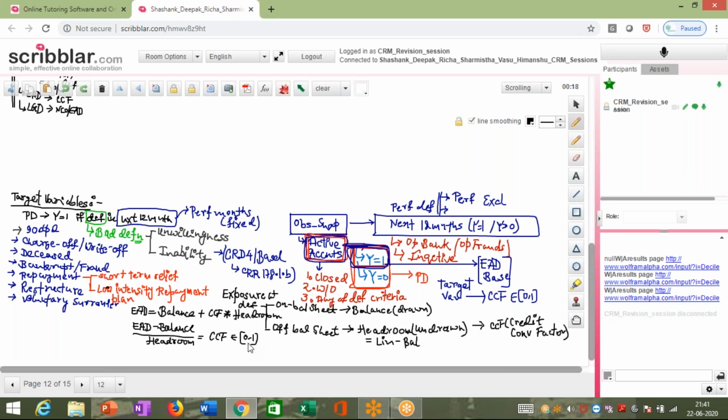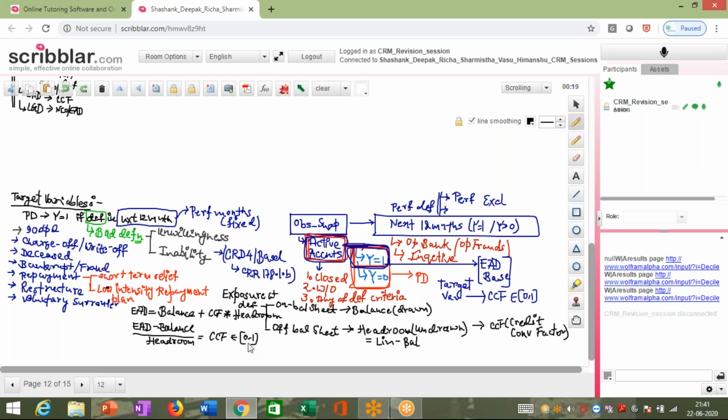So now, why am I calculating the CCF? I'm trying to convert that undrawn balance to the drawn balance. I'm trying to identify the rate at which the particular person makes additional drawings from the snapshot to the time when he defaults.